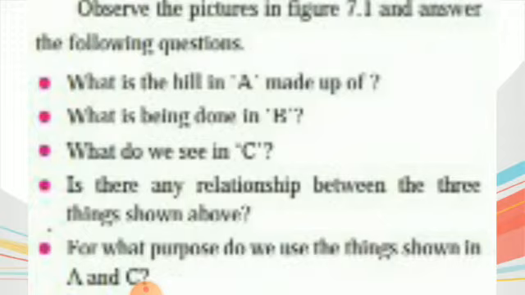For what purpose do we use the things shown in A and C? Yes, of course we are using these things for constructing monuments or buildings, extracting minerals or sculpturing. Different kinds of uses are there for these kinds of stones.